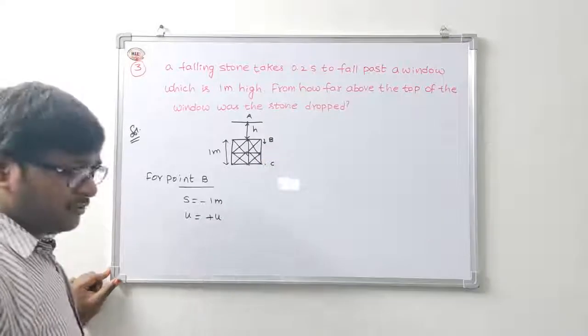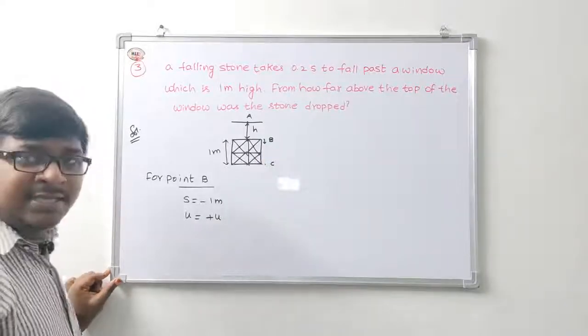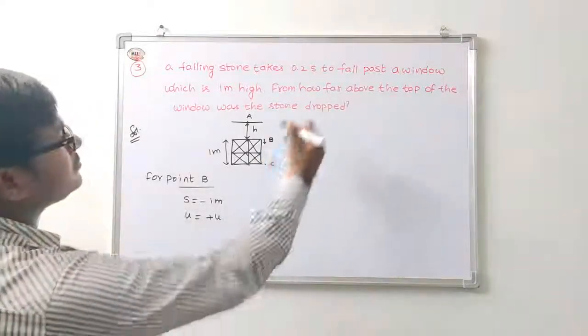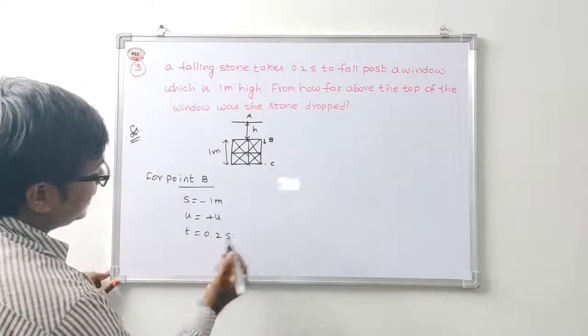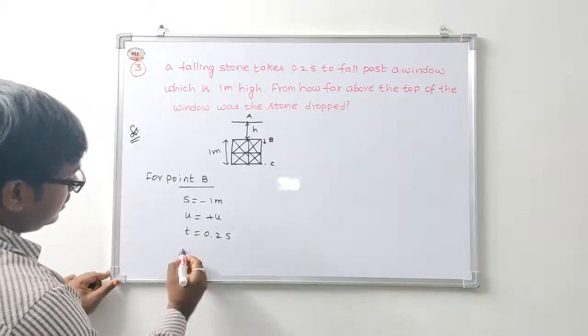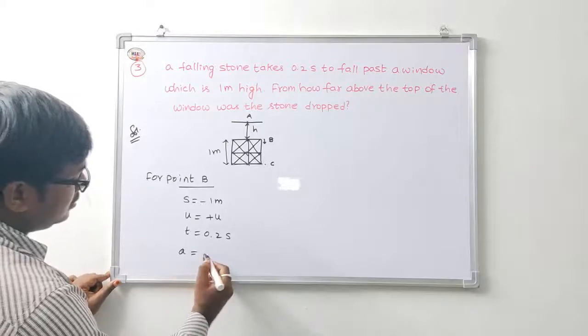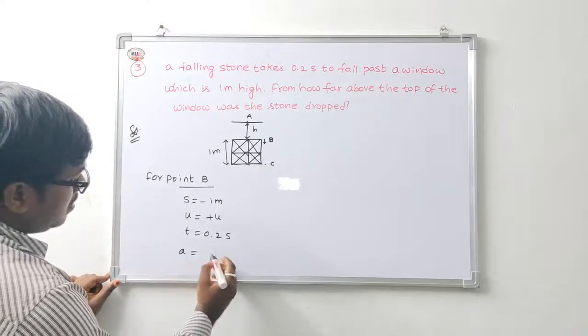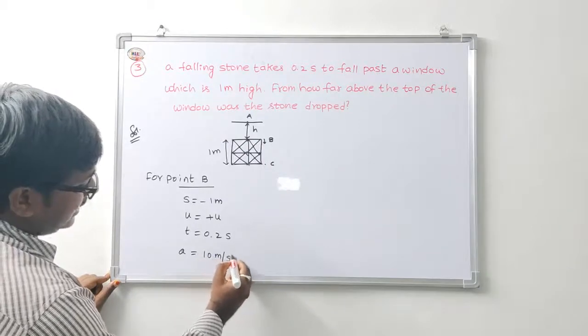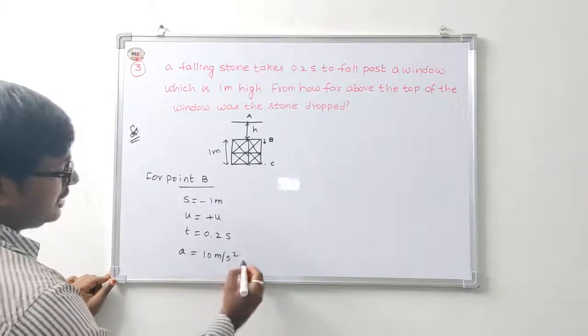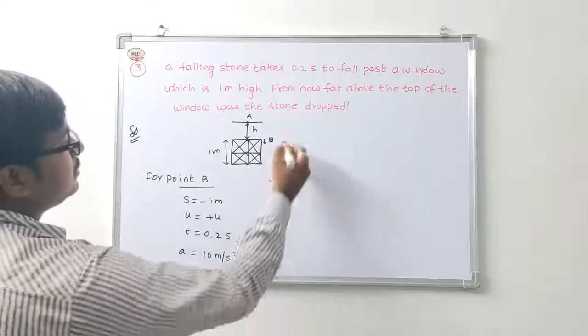From point B, the initial velocity is u. The time taken t is equal to 0.2 second. Then a is equal to 10 meter per second square, that is a is equal to g.